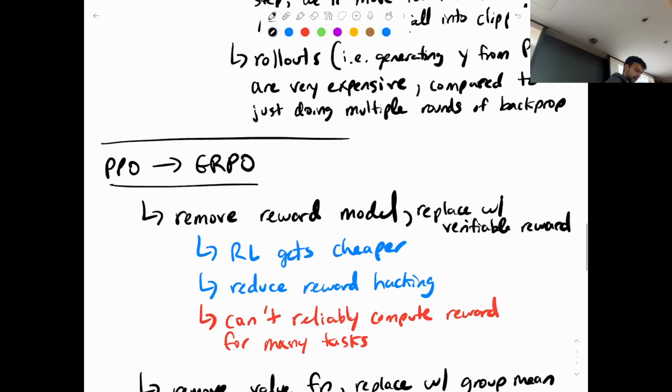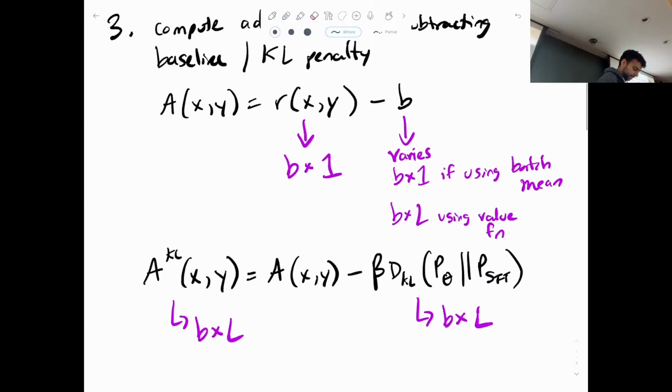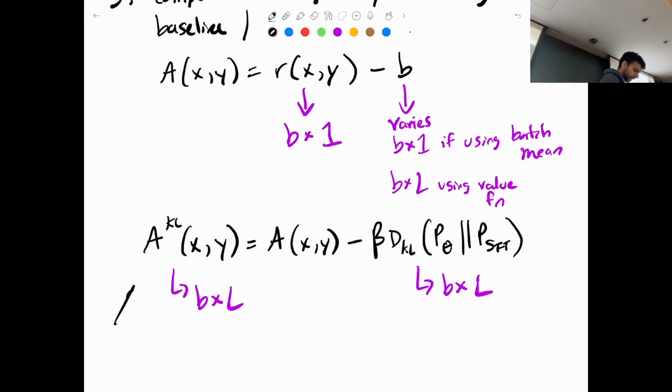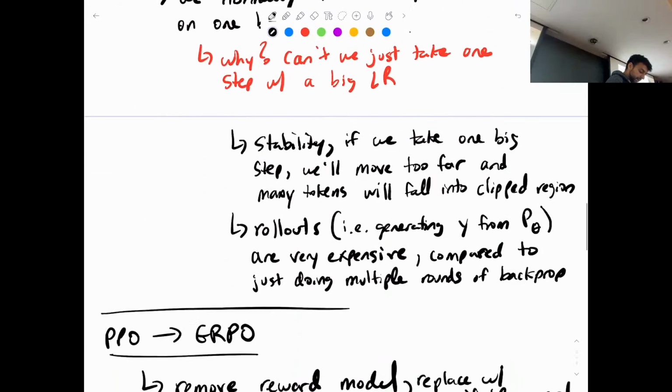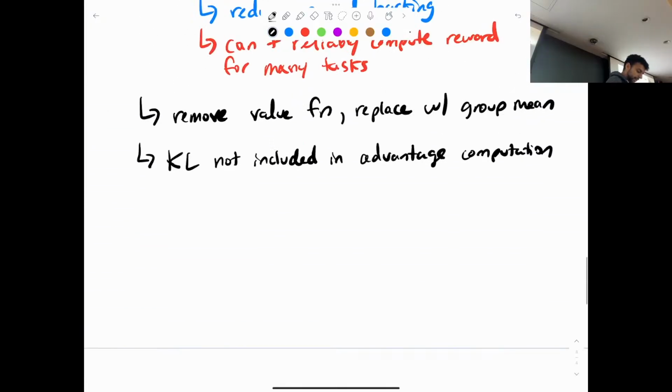So we're not going to do this step over here, where we subtract the KL term directly from this reward, but rather it is going to be included as a separate penalty.